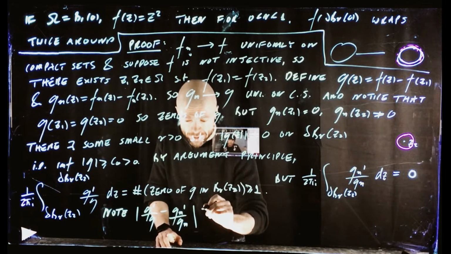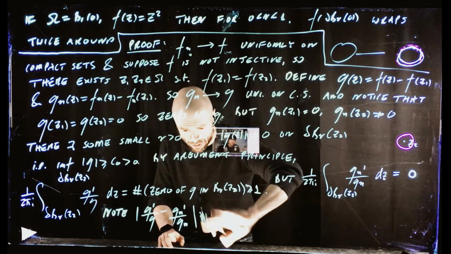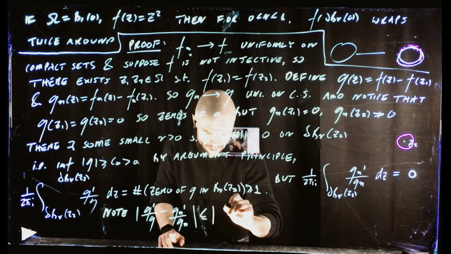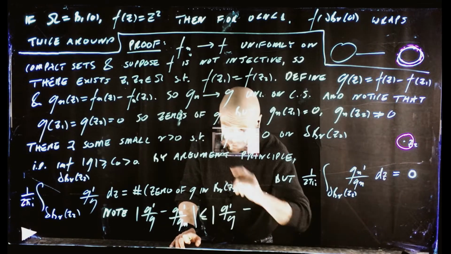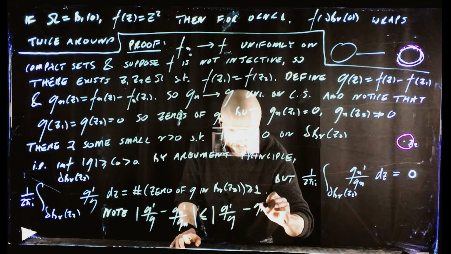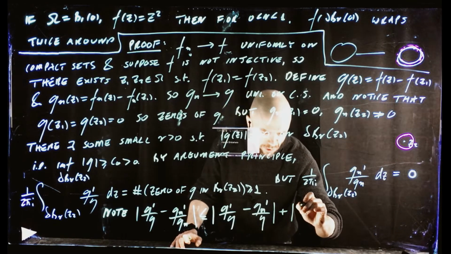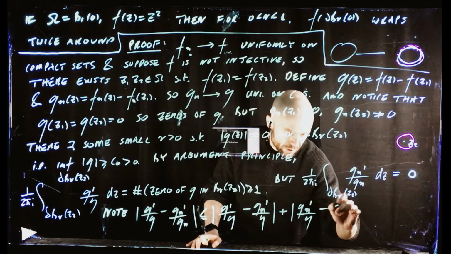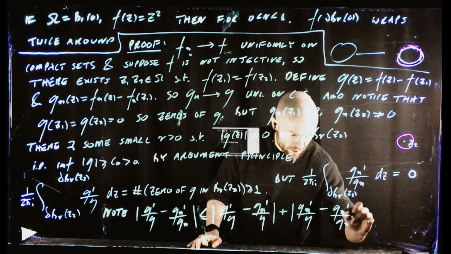So we'll use the standard triangle inequality and break this up into two pieces that we can understand. So this is less than or equal to Gn over G, and let's maybe do Gn prime over G like this, and then do Gn prime over G minus Gn prime over Gn like this.